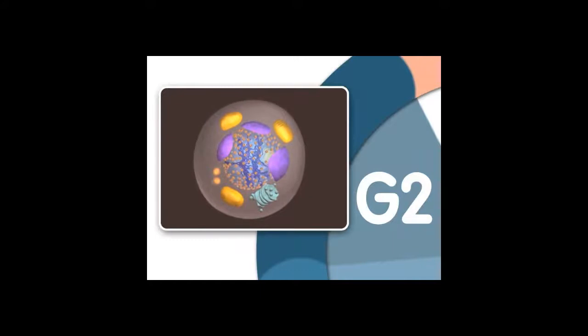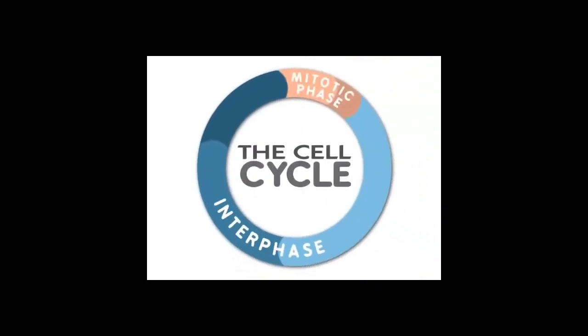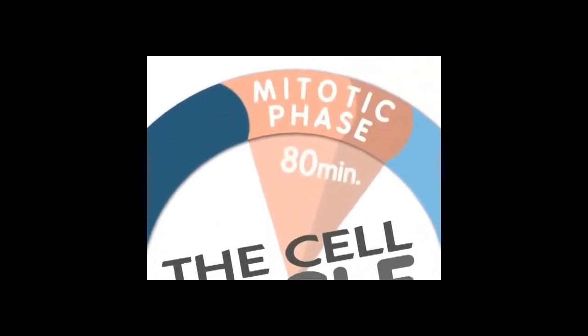Once the cell has duplicated DNA in the nucleus and 2 centrosomes have appeared in the cytoplasm, mitosis can begin. For a typical eukaryotic cell, this will last about 80 minutes.